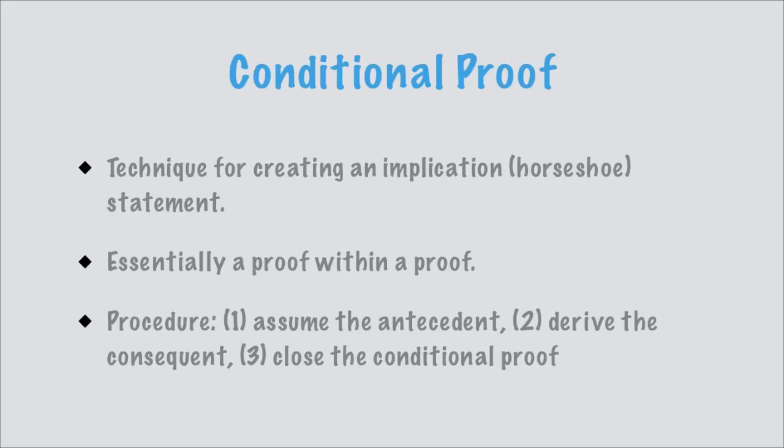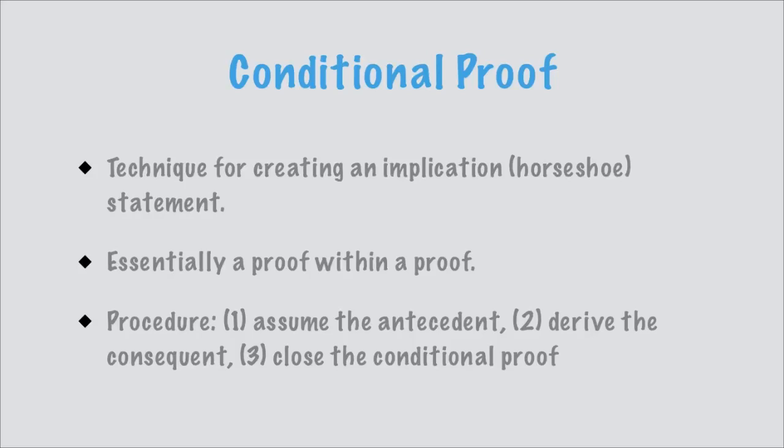If I can, then that shows me that A therefore C is also the case. So you're making the assumption and then proving that assumption. I'm assuming A. If I assume A, would that lead to C? In such case, yes, it does. Therefore, I've now created this material implication, this horseshoe statement.